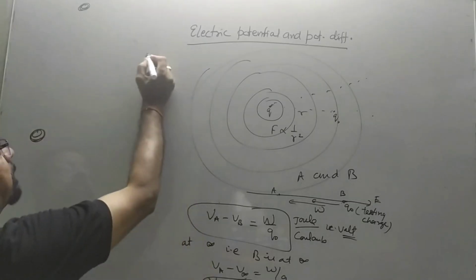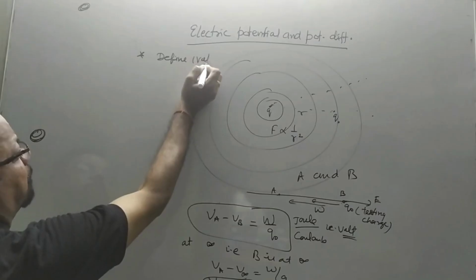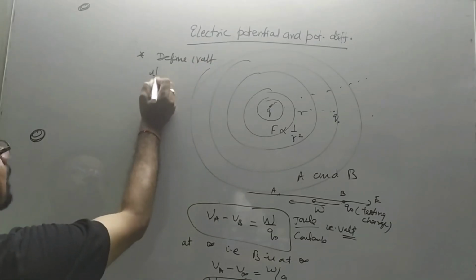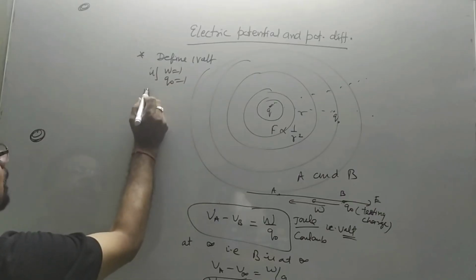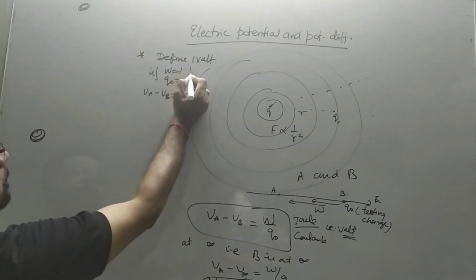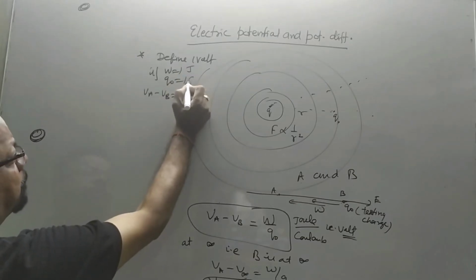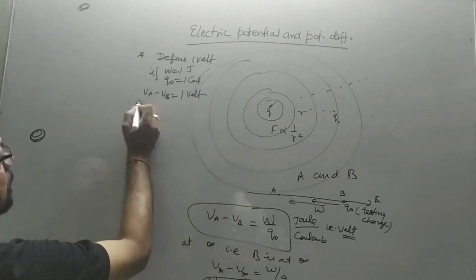Now, one important definition: define 1 volt. If W is equal to 1 joule, Q naught is equal to 1 coulomb, then VA minus VB is equal to 1 volt.